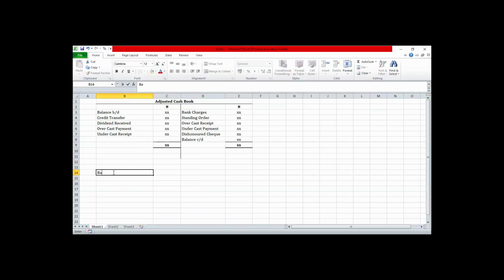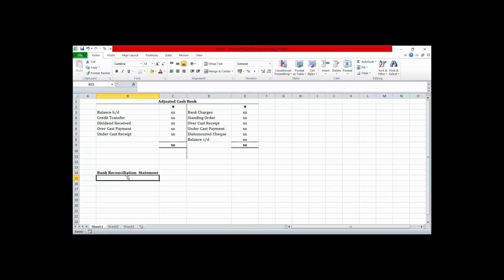Then bank. Now, for the bank reconciliation statement, if it is direct method, we use balance as per cash book. But if it is indirect method, we use balance as per adjusted cash book, depending on what you have picked.